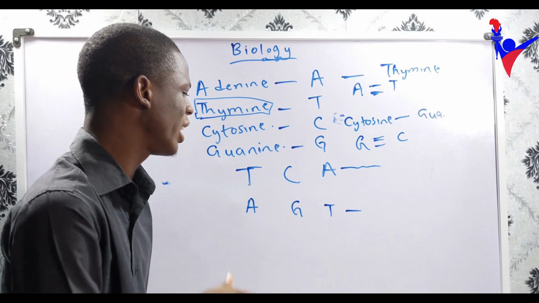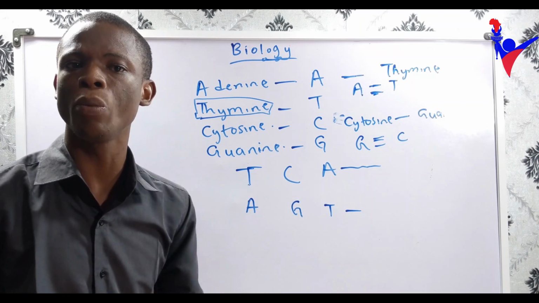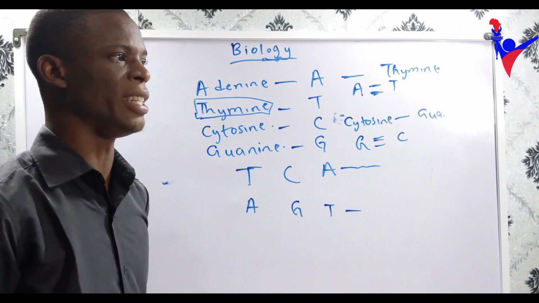So we have the strand AGT as the complementary base sequence of the DNA.